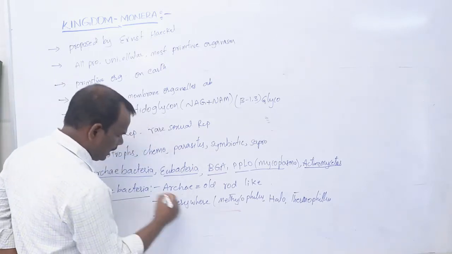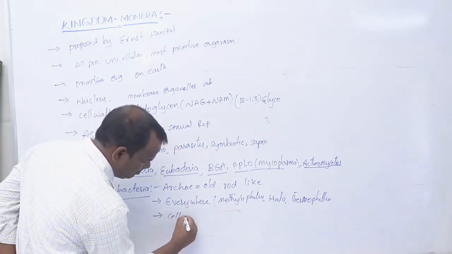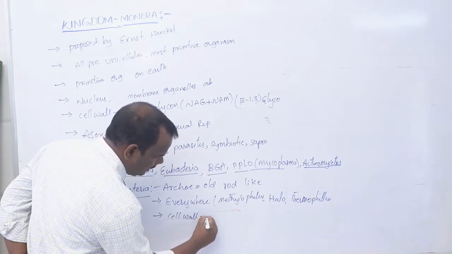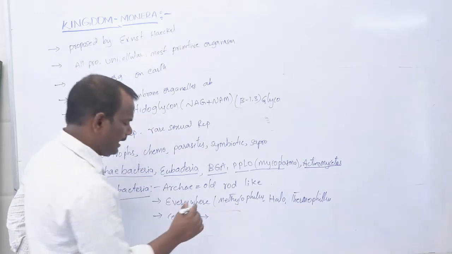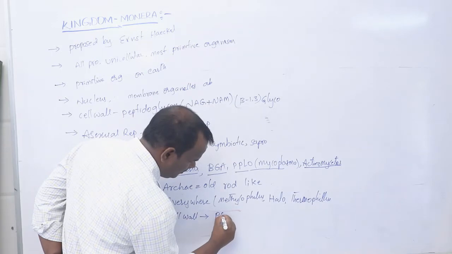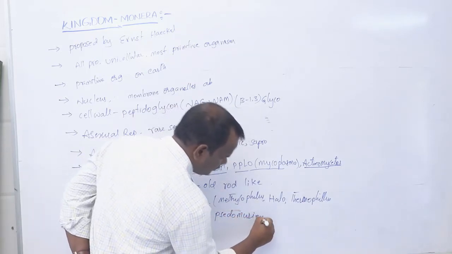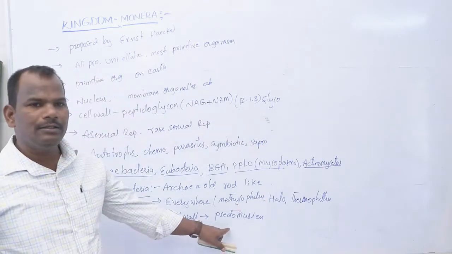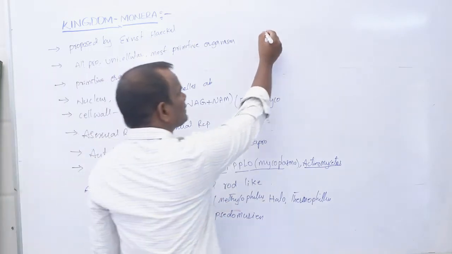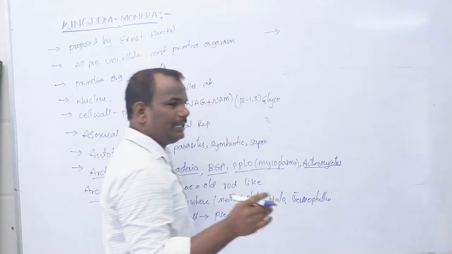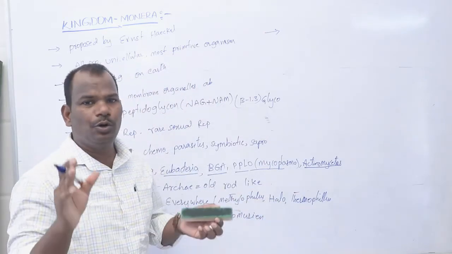The archaebacteria cell wall is made of pseudomurein.